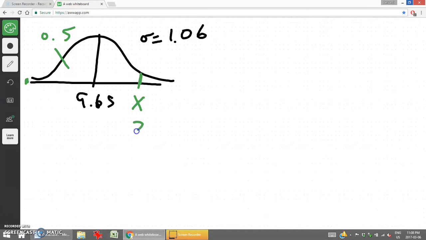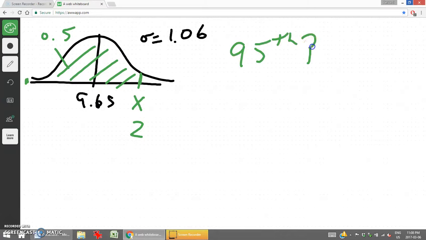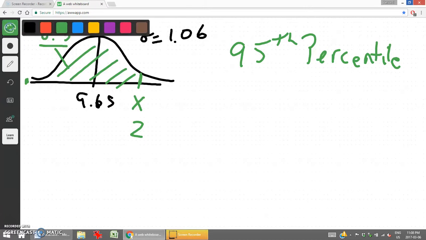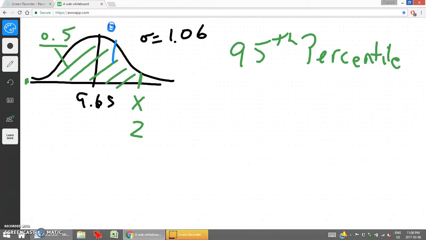In order to find that weight, we need to find that Z value. So this is the area we're shading in here. The percentile is the 95th percentile, which is going to consist of this 0.5 plus the remaining part right in here of 0.45. 0.5 plus 0.45 gives us 0.95, or our 95th percentile.